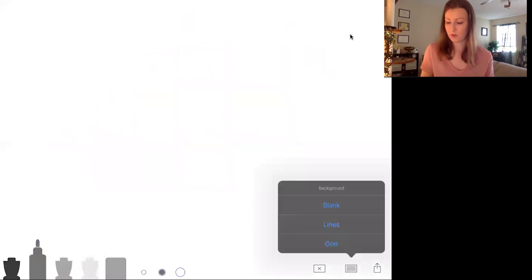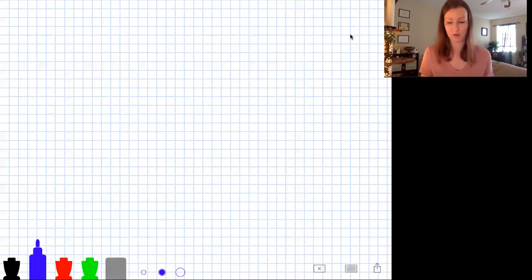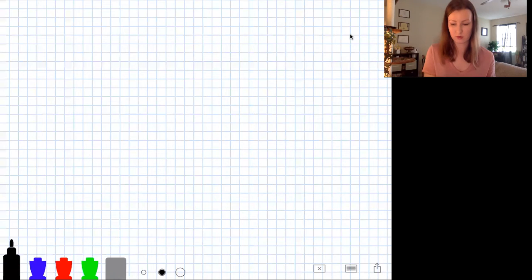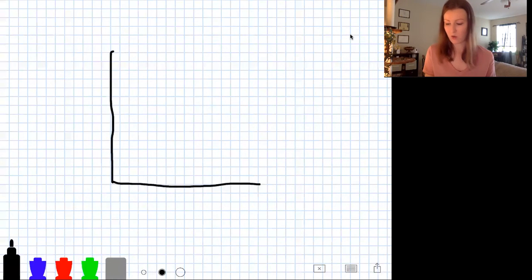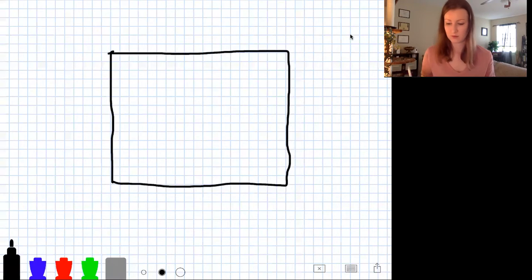Let's do one more with the grid paper to give you an example of why we have area. That's a lot of squares. We don't want to count those, so let's just count the sides. 1, 2, 3, 4, 5, 6, 7, 8, 9, 10, 11, 12, 13, 14, 15.